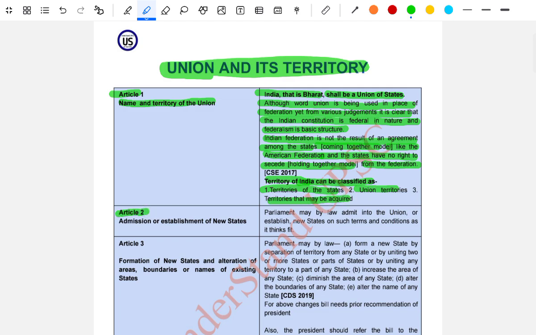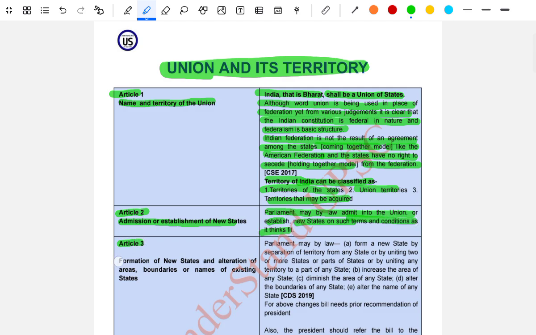Article 2: Admission or establishment of new states. Parliament may by law admit into the Union or establish new states on such terms and conditions as it thinks fit.